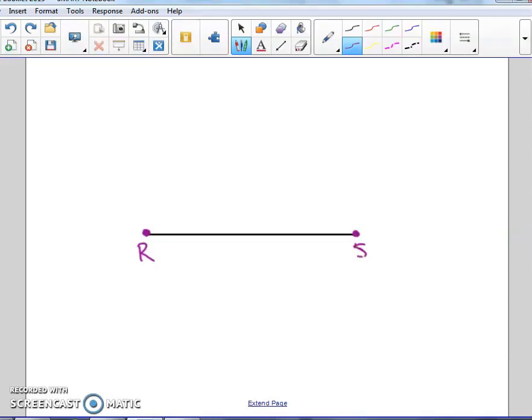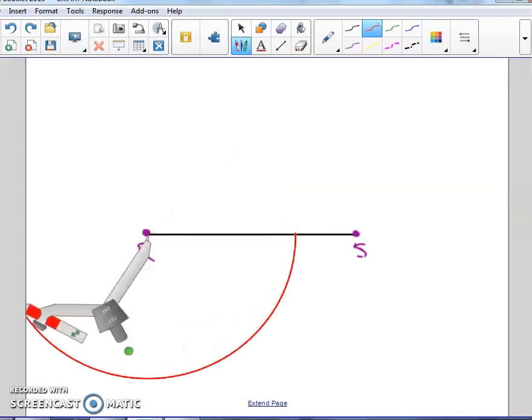of this line segment. So I took my compass and I put it on one endpoint. This is what we discussed in class. And I opened it so that it was more than 3/4 of the line segment, and I drew a circle.